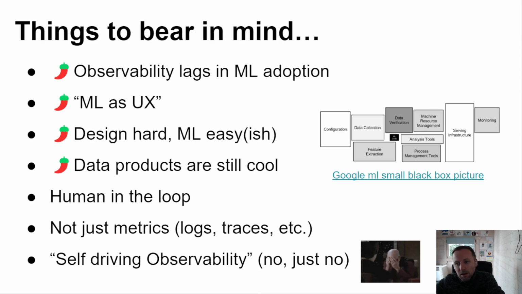A lot of observability is still basically, at the end of the day, you're looking at a screen of dashboards, and it's like, now what? It's up to you now to figure out what to do next, and that's a bit savage. It's kind of old school, and there's a lot of ways where we can use ML as the UX.